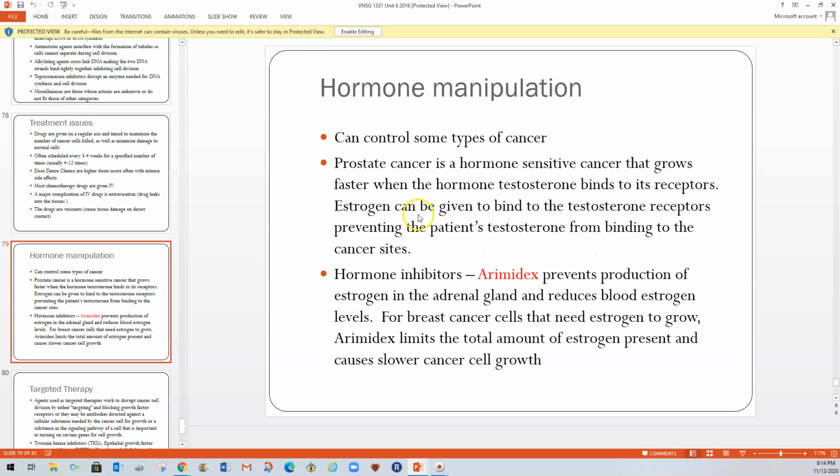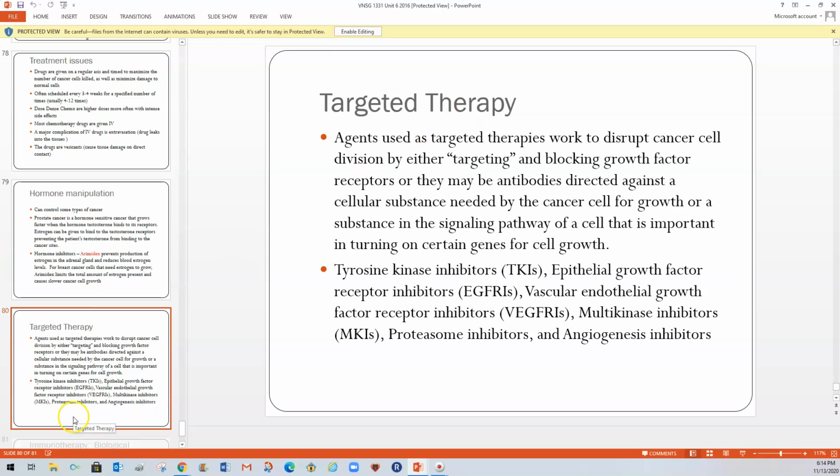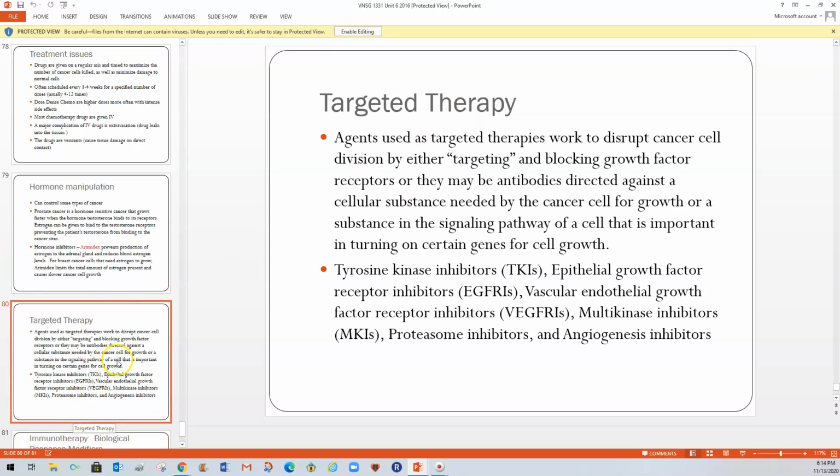And estrogen also binds to testosterone receptors, preventing the patient's testosterone from binding to the cancer site. So hormone manipulation is getting very well used. Targeted therapy agents work to disrupt cancer cells by targeting and blocking their growth. TKIs and epithelial growth factors, etc., are some of those targeted therapy.